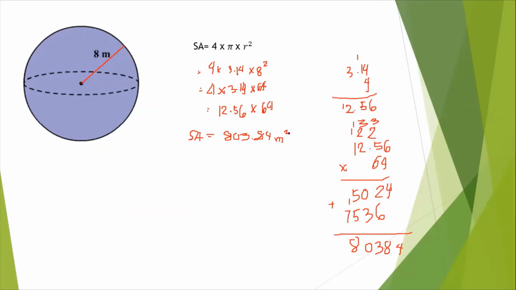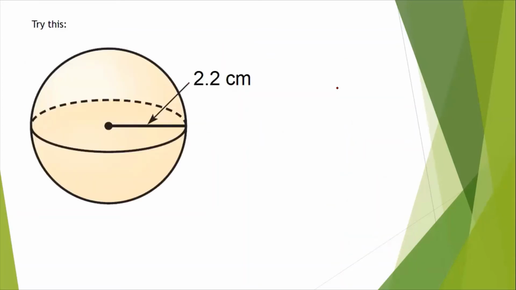Okay, so just remember our formula. It's 4 times pi times r squared. Now this time, try this one. Find the surface area of the sphere if we got a radius of 2.2 centimeter.